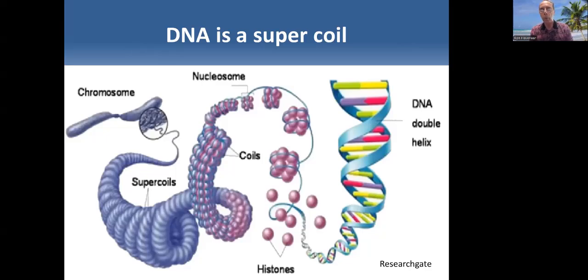A double helix, well, that makes a very strong force to keep those two helix strands together. But at the end, you will see that it is supercoiled, which means that around the histone proteins, it is wound up again, and all those histones will be wound up again and again and again, and then it will form a supercoil.